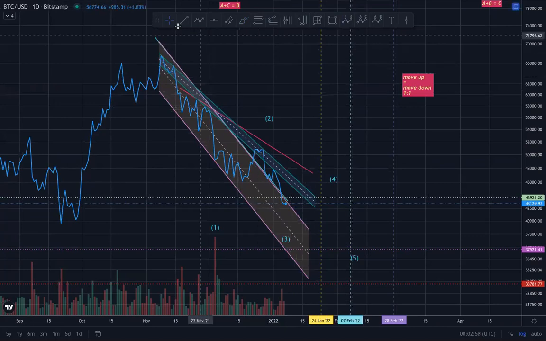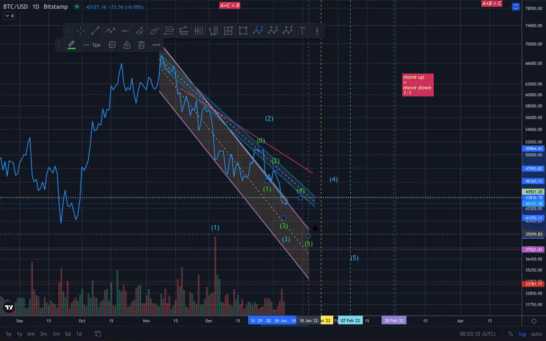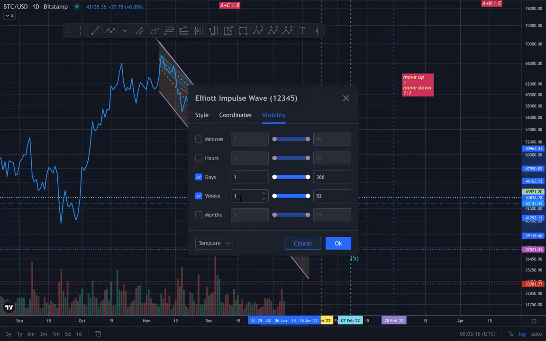Currently, we are looking like we are in some sort of potential 1, 2, 3, 4, and a 5 before making it to the 4, right? And we'd have to change the degrees on all this.